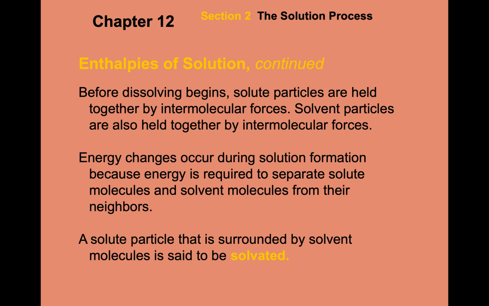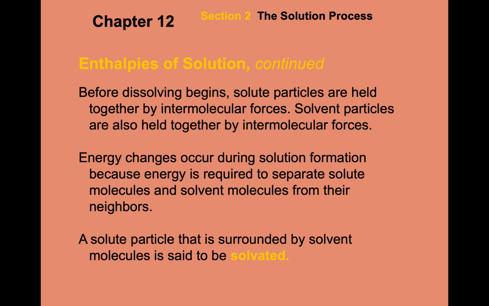Now, once something is in a new phase, so once we take our solid and we dissolve it into a new phase, we've broken apart the molecules and we've created either an electrolyte or a non-electrolyte solution, whatever is happening has an energy associated with it. And that energy is going to be referred to as an enthalpy of solution. Now, remember, just to rehash, all of this is talking about how solute particles are going to form what we call solvated radiuses.